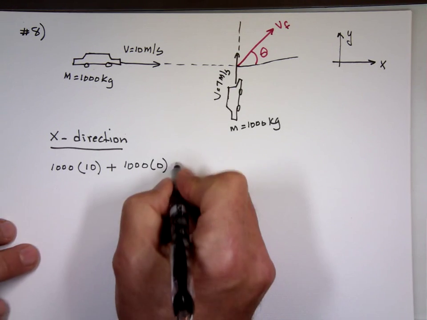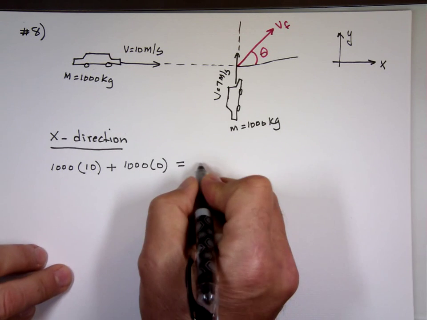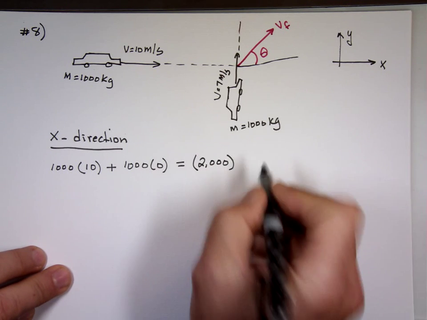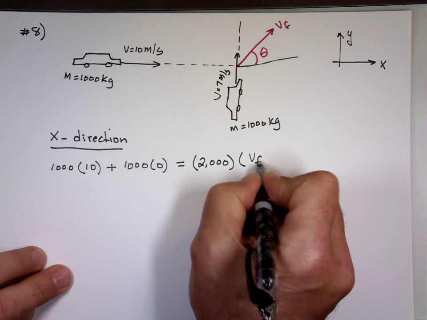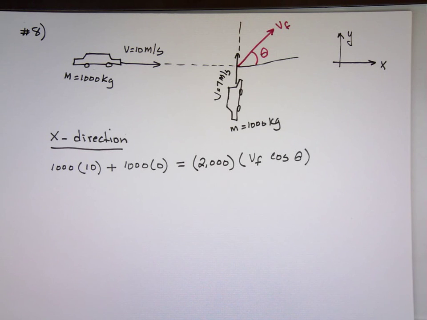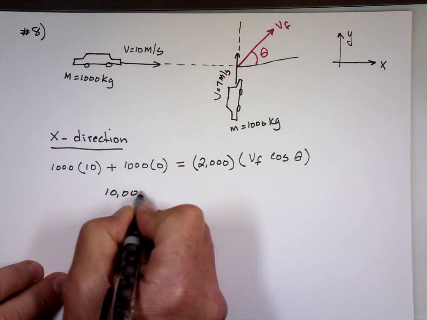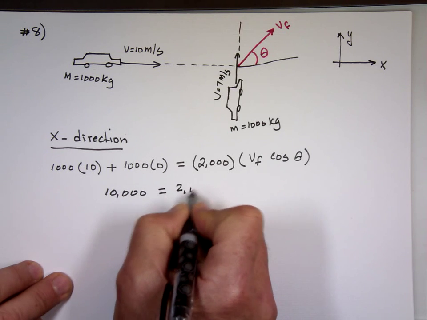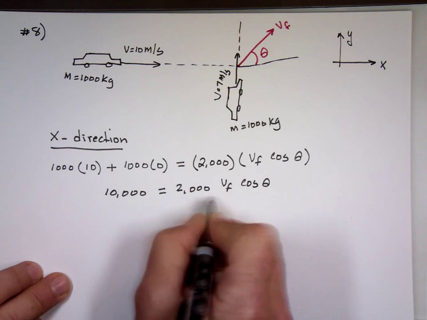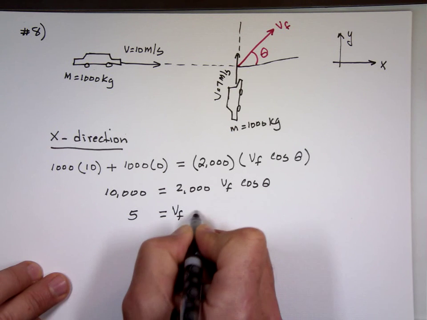Now the 2 cars collide and stick together, so they become one object with a mass of 2,000 kilograms, and the velocity in the x direction is Vf cosine theta. 10,000 equals 2,000 Vf cosine theta. Divide both sides by 2,000, you have 5 equals Vf cosine theta.